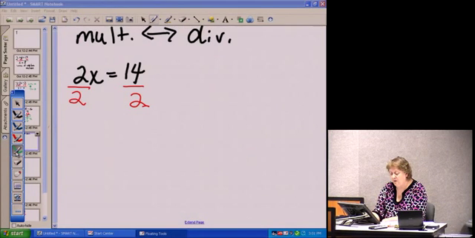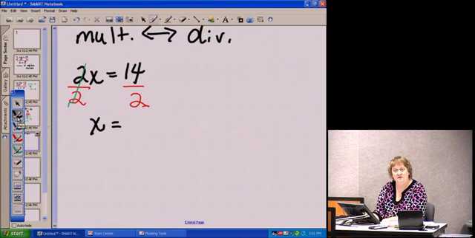That, again, is the part that cancels, that undoes each other. In this case, remember that when you divide a number by itself, it gives you 1. And 1 times x just gives me the x. Then on the right-hand side, we want to finish the problem. 14 divided by 2 gives me 7.